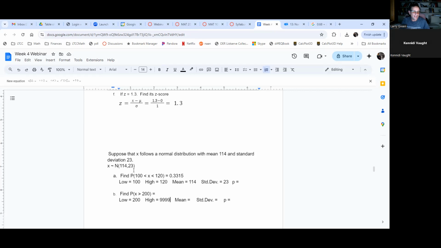The biggest number here is 3 digits, so make a 4-digit number with nines, and that'll be close enough to infinity. You can do more if you want, but at least an extra digit. The mean doesn't change. It's still 114. And the standard deviation is still 23.